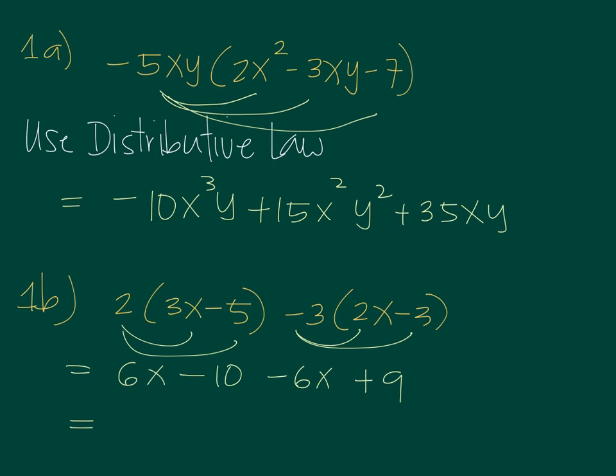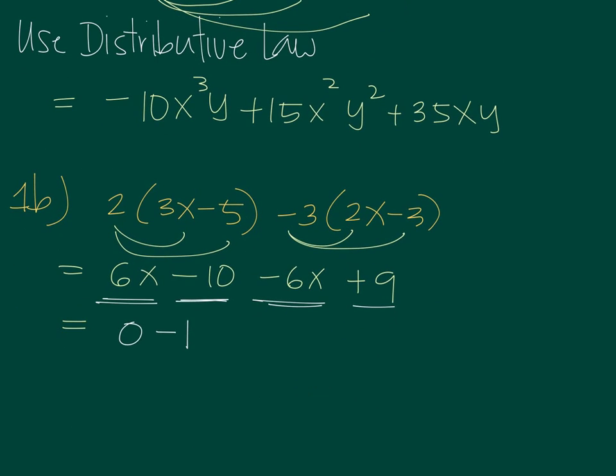And then combine like terms. This is 6x and negative 6x, so that's 0, and then negative 10 plus 9 is negative 1. So 0 minus 1 is equal to negative 1. The final expression, if we expand, will actually become a number, which is negative 1.